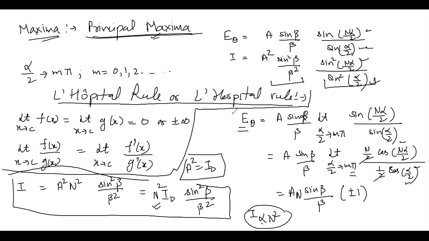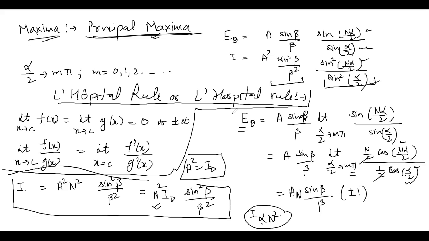And this principle is used in your diffraction grating, where you have approximately 15,000 lines per inch. This basically means that in almost 2.54 centimeter, you will have 15,000 lines. So this means you have 15,000 slits in 2.54 centimeter.